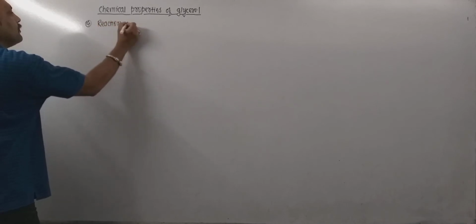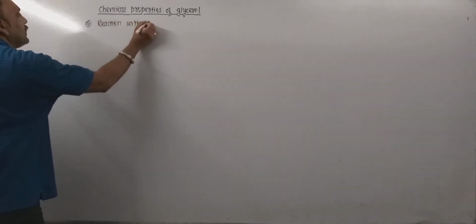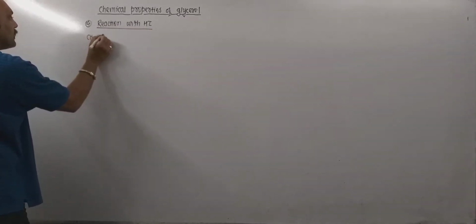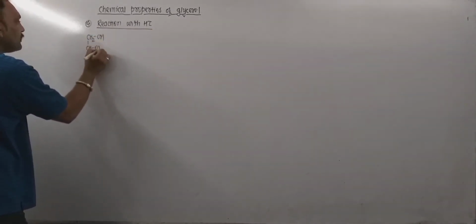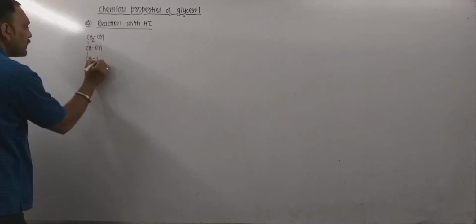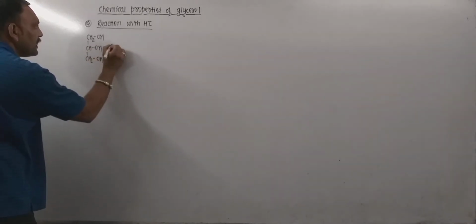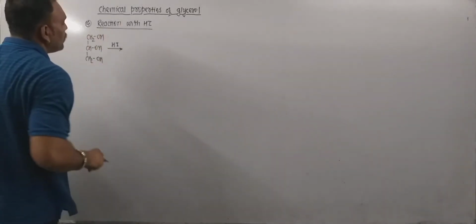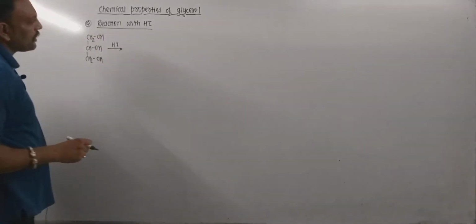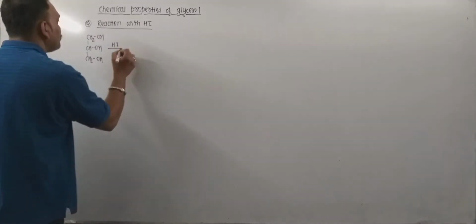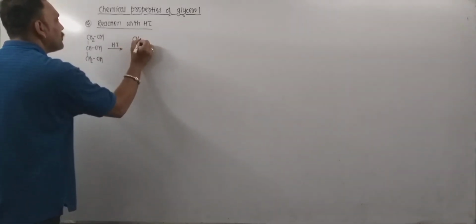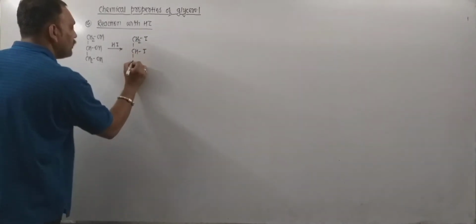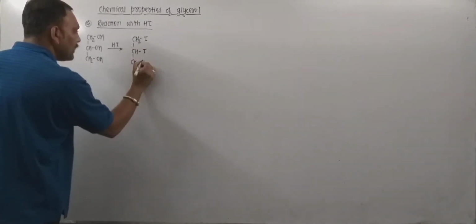Reaction with HI. Now glycerol, that is the trihydric alcohol, when treated with HI, remember HI is a strong halo acid, so all the OH groups will ultimately get replaced by iodine, and that leads to the formation of glyceryl triiodide.